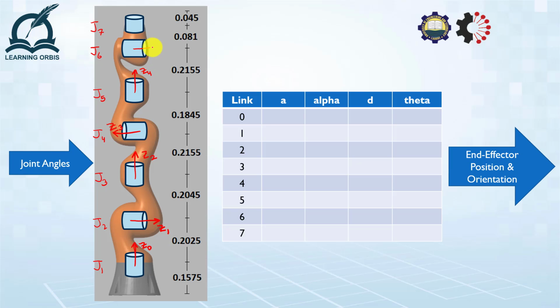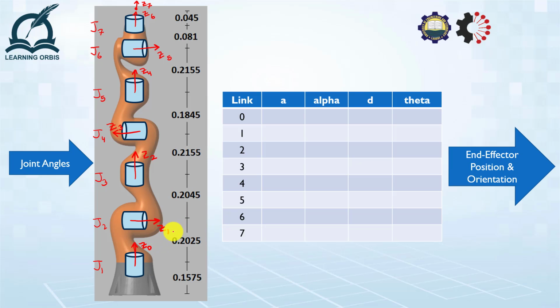Then I'll have this joint axis for joint number 6. It will be labeled as Z5. And then for joint 7, it will be this one. It will be labeled as Z6. And at the end, we can have the end effector at some higher point, and this will be labeled as Z7.